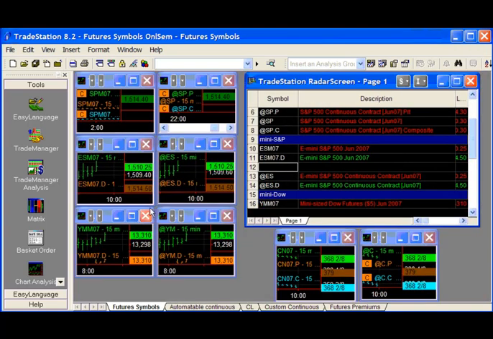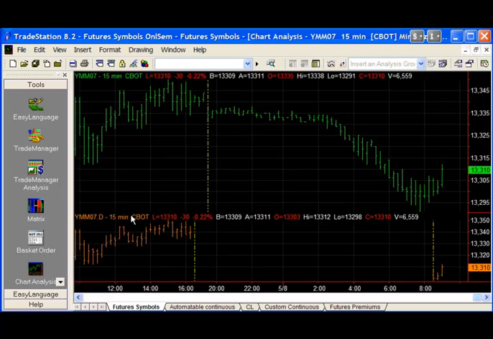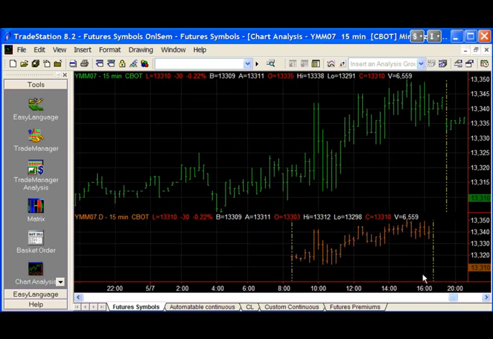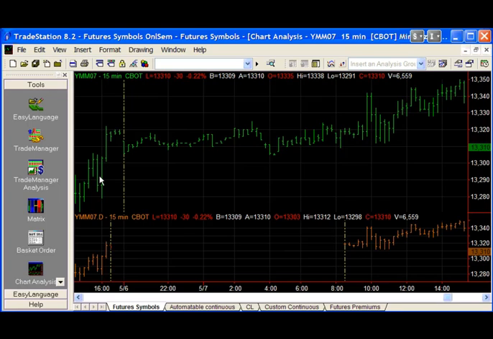We can take a quick look at the mini Dow futures. Same idea. Here we have YMM07. So here are the June 07 mini Dows. And you'll see it's a full night and day contract.